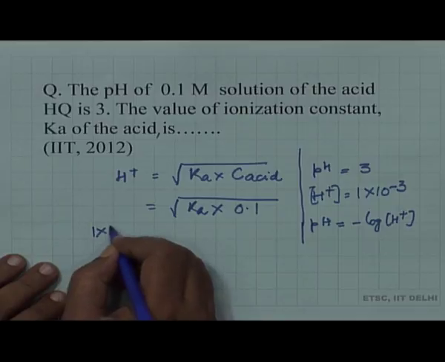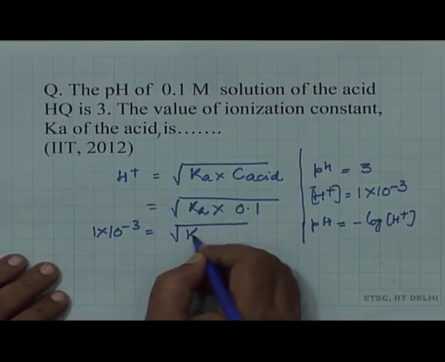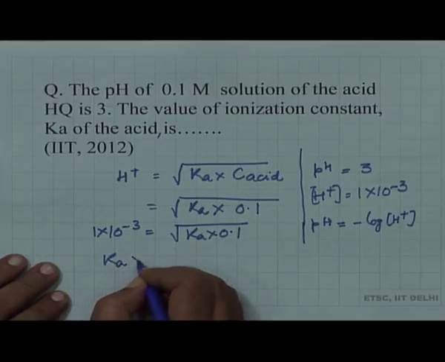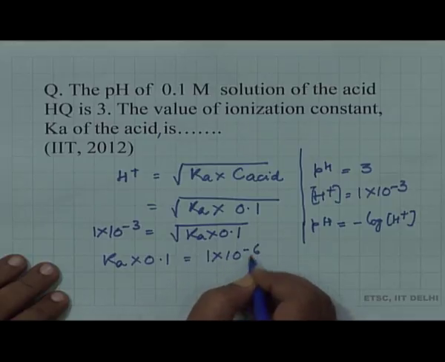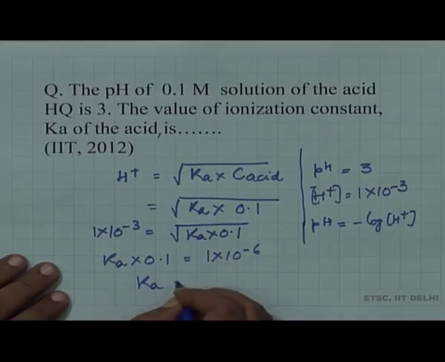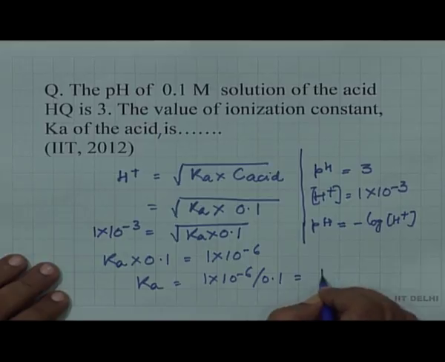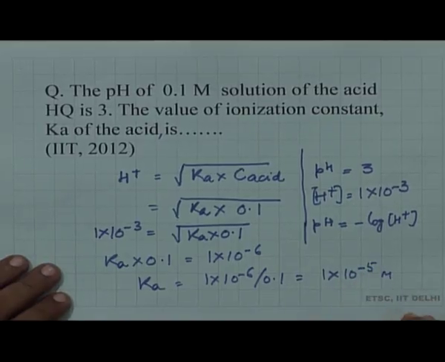So, 1 into 10 to the power minus 3 is equal to root of Ka into 0.1. So, Ka into 0.1 is equal to 1 into 10 to the power minus 6, or Ka will be equal to 1 into 10 to the power minus 6 divided by 0.1, and this is equal to 1 into 10 to the power minus 5 molar.